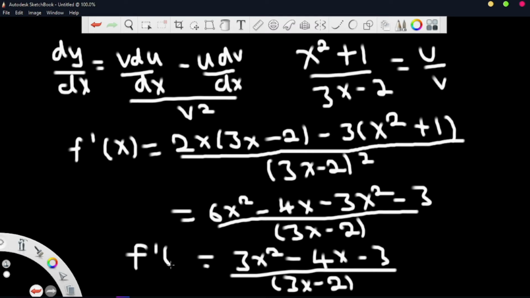So then this has been f prime of x. If you wanted, you can go ahead and use the power rule and differentiate this further, but I suggest leaving this the way that it is.